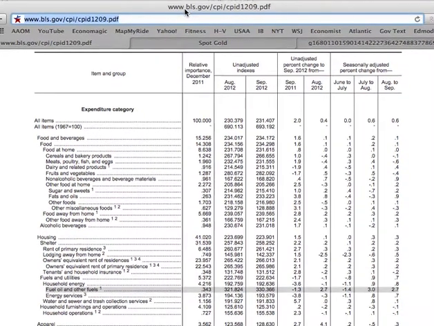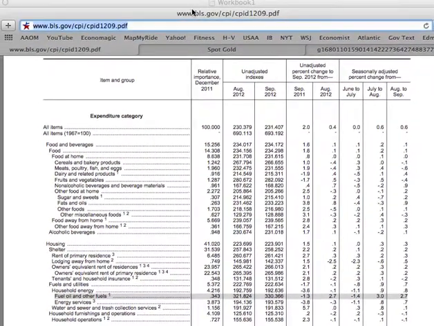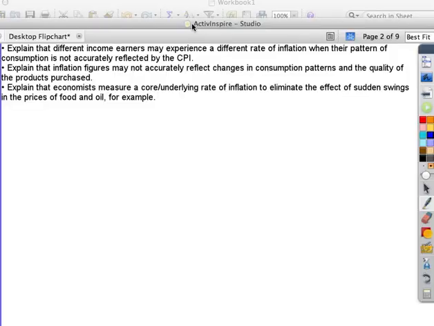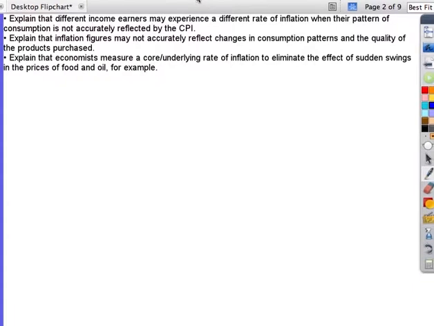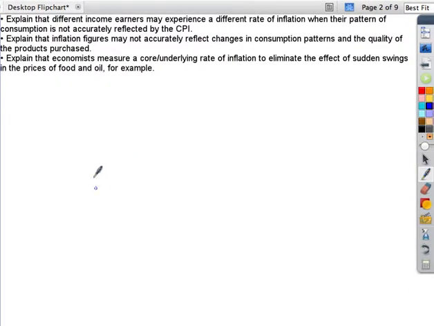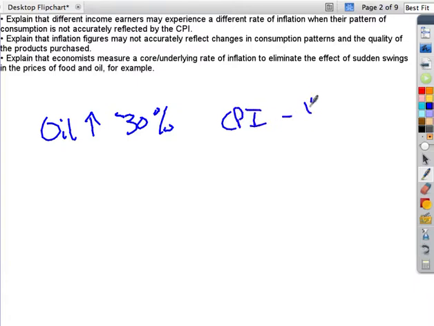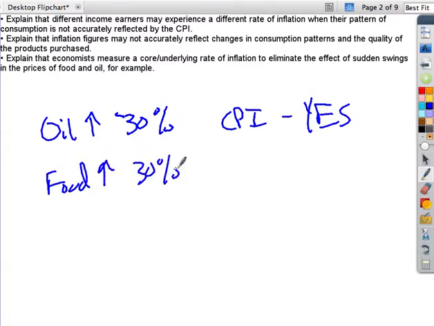And so the problem is, if we have a big increase in oil, if oil prices increase by 30%, not dollars, 30%, is that going to have an effect on the CPI? And the answer is definitely yes. All right. How about food? And well, so this is why they do these two. If food goes up by 30%, that'll definitely have a big impact on the CPI.